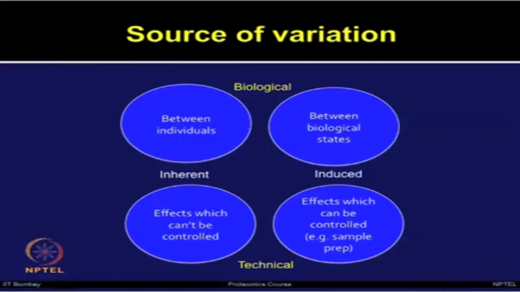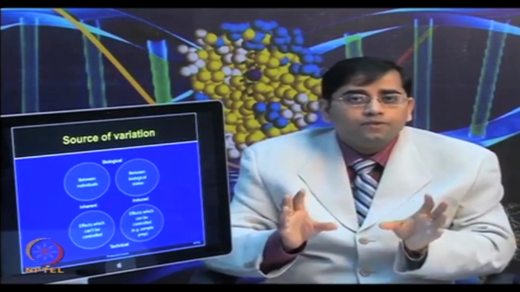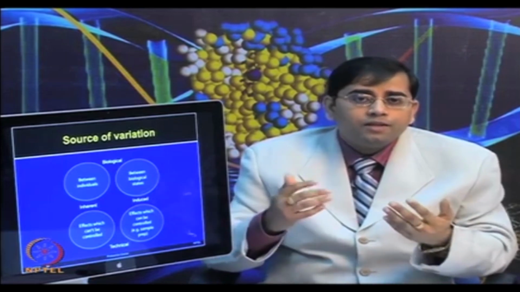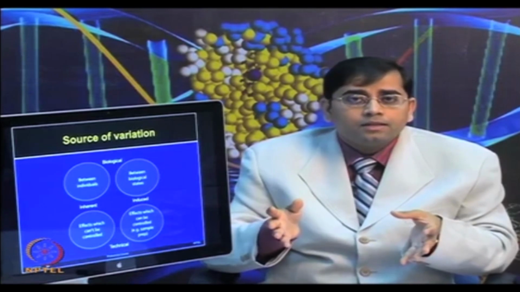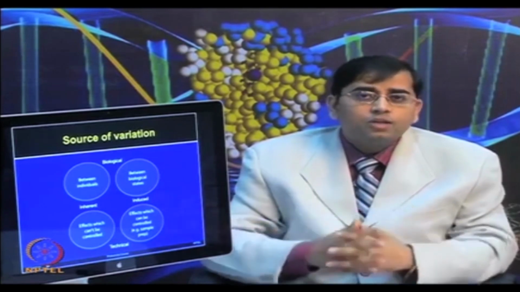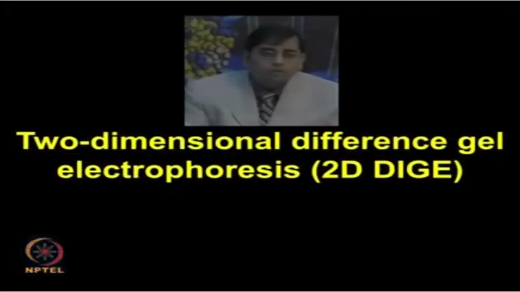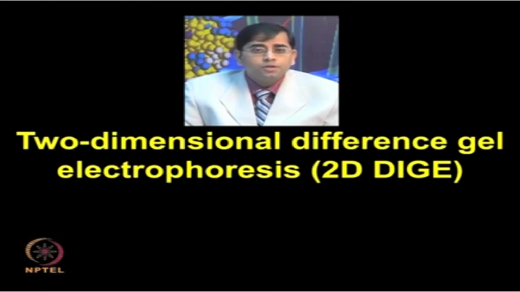All of those steps may result in large variations. So, in two dimensional electrophoresis, when you are separating your control and treatment samples on two different gels and you have so many variations coming from both biological and technical sources, then the overall analysis and the confidence in the data becomes very questionable. To overcome those limitations, a new approach, an advanced electrophoresis method, two dimensional difference gel electrophoresis, or 2D DIGE, has emerged.